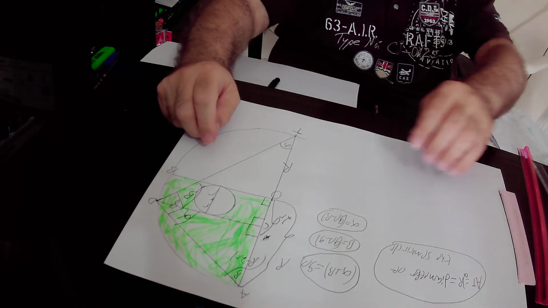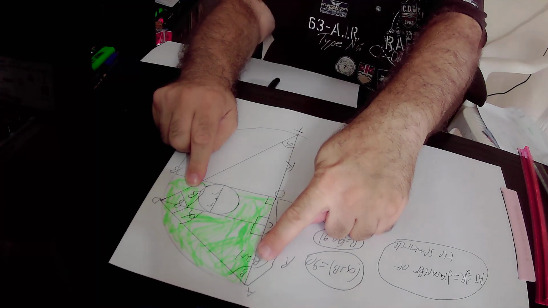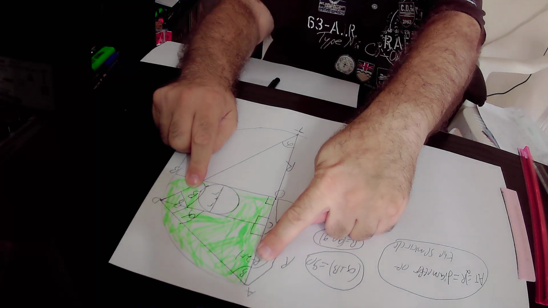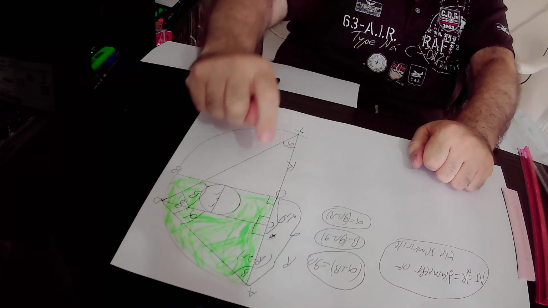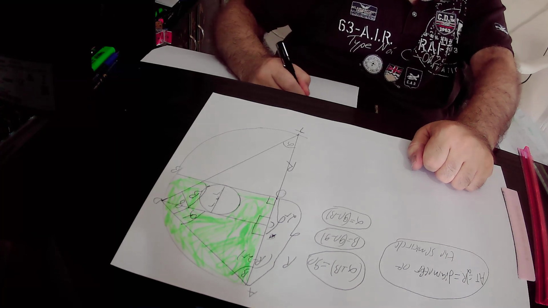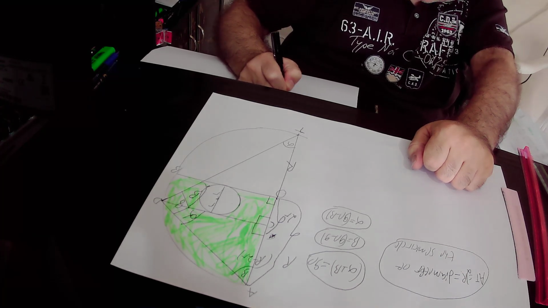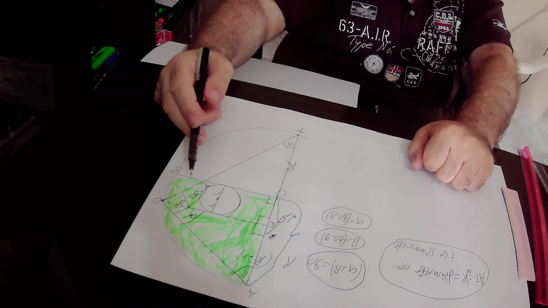In addition, those two angles are both equal to beta, therefore they are equal to each other. So angle CAD is equal to this angle, it's therefore angle CDT.